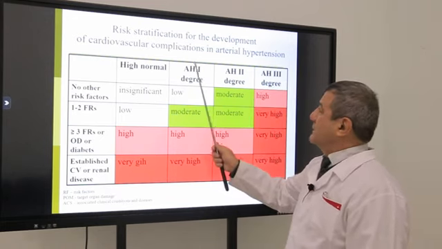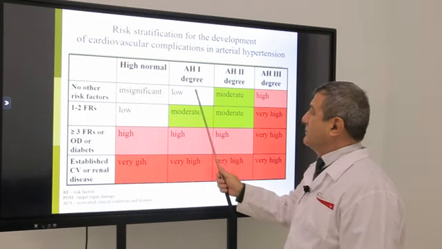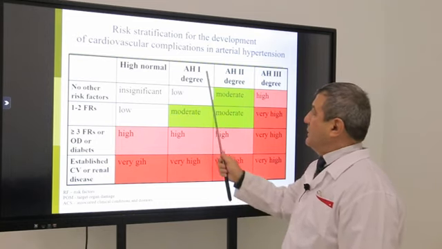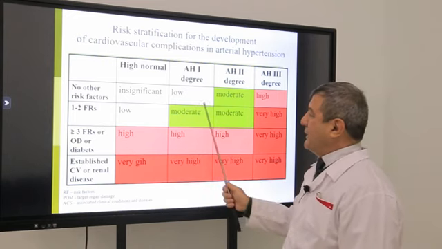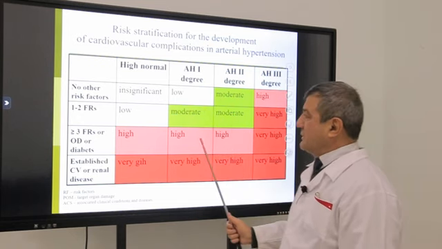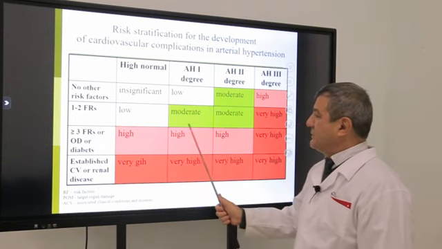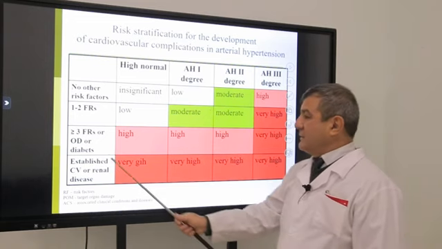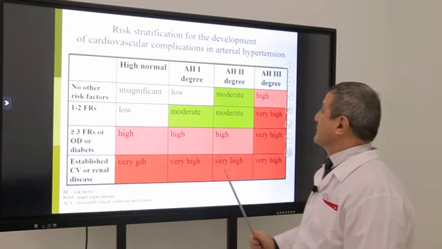Next one, arterial hypertension 1st degree. If no risk factors, we consider this low risk. Arterial hypertension 1st degree with 1 or 2 risk factors is moderate risk. 1st degree with 3 risk factors or organ damage or diabetes mellitus is high risk. And 1st degree with established cardiovascular or renal disease is very high risk.